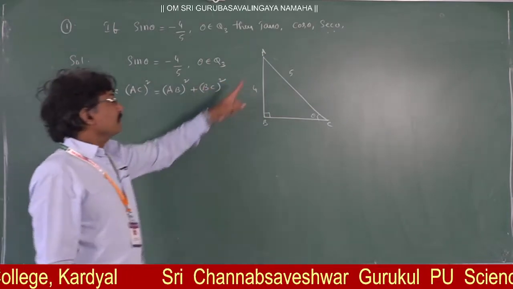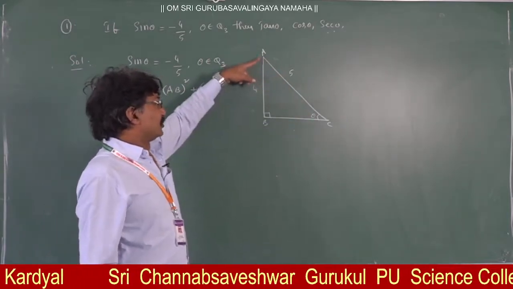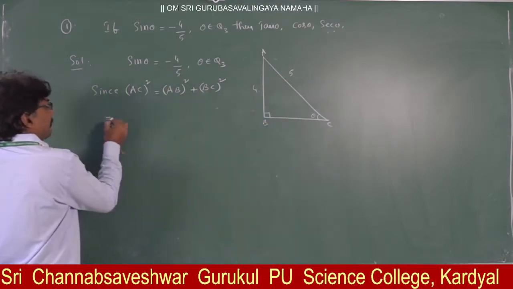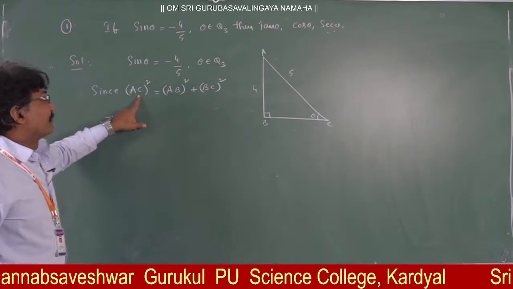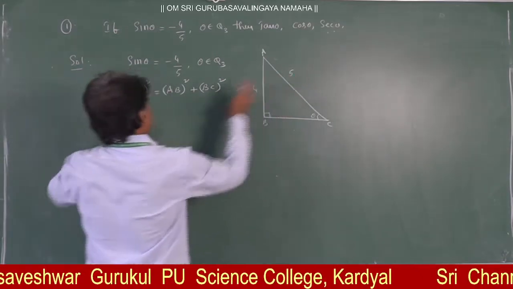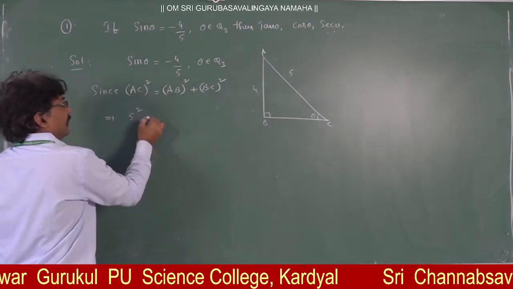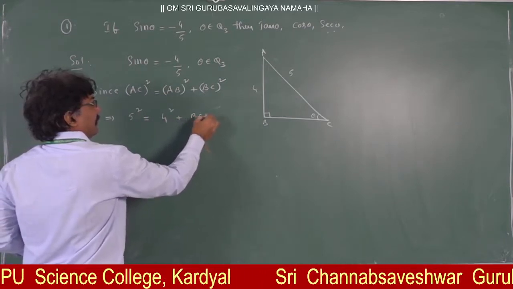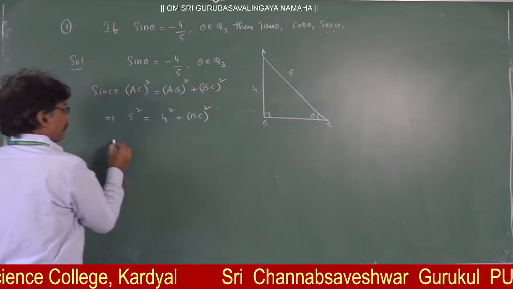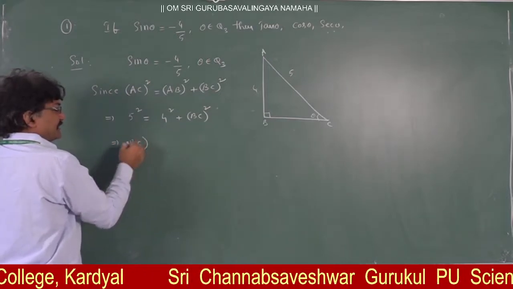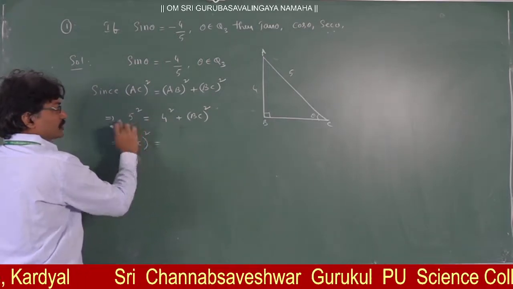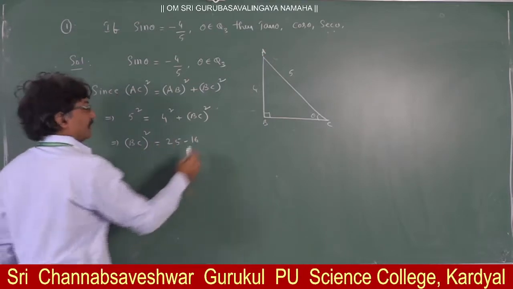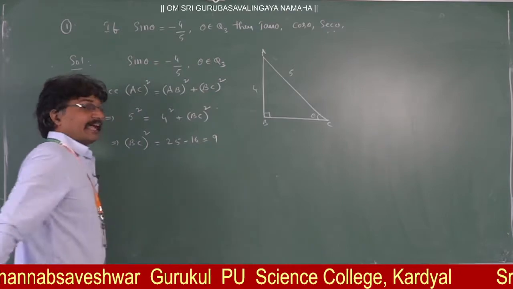AC is the hypotenuse 5. 5 square is equal to AB 4 square plus BC square. That implies BC square is equal to 5 square 25 minus 4 square 16, that is equal to 9.